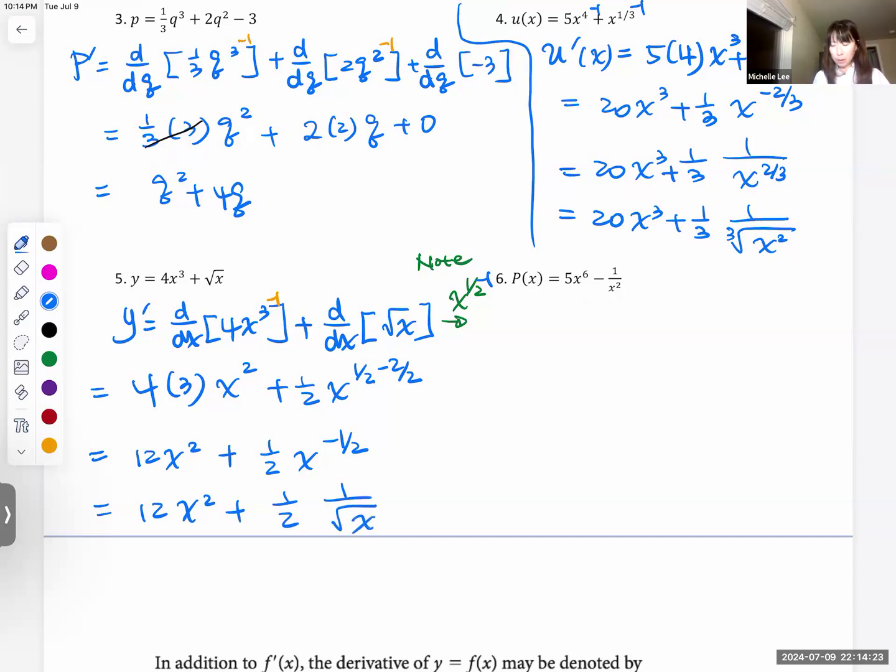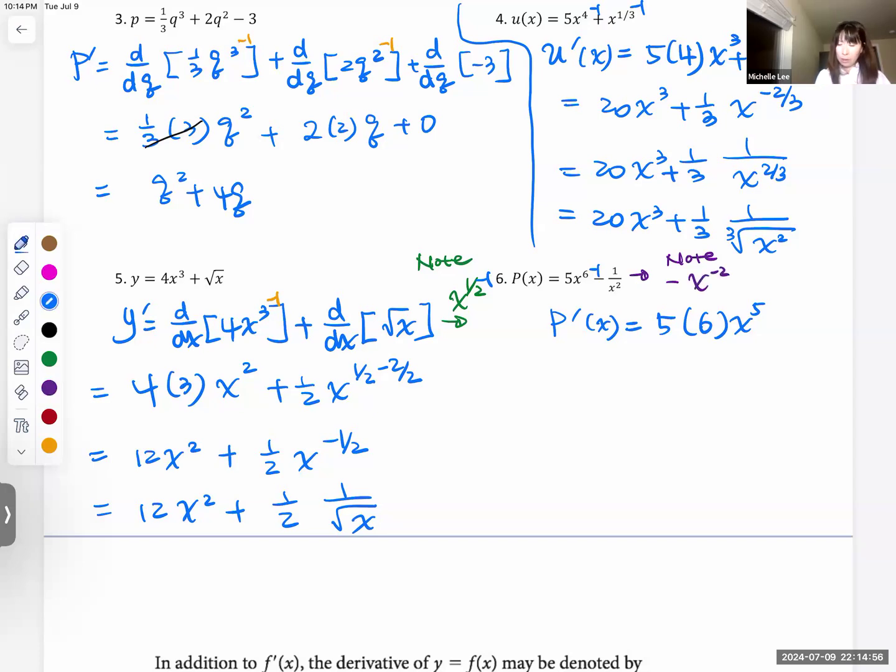Okay, next one. P prime of x. We keep the coefficient and then drop the power, x to the -1, so the fifth power. And then let's rewrite this one, right? x to the -2, so negative x to the -2.